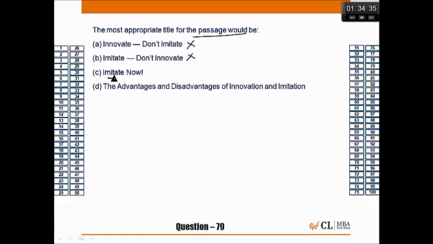He's definitely encouraging imitation. Okay, but D, shall we try? Advantage, disadvantage. Where has he talked about the disadvantage of imitation? No, he has not discussed any disadvantage of imitation. All he is saying is that your focus should not only be on innovation. No, this can't be the one. Okay, should be C.